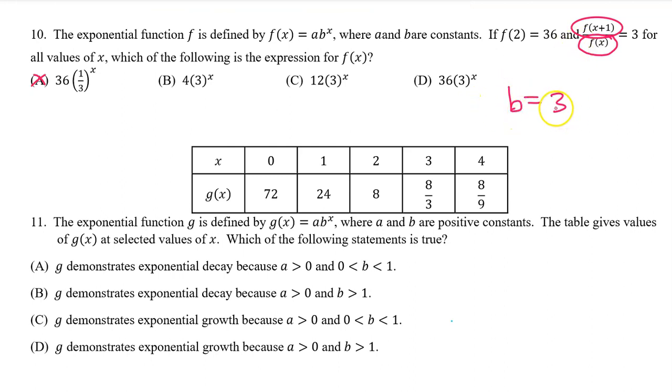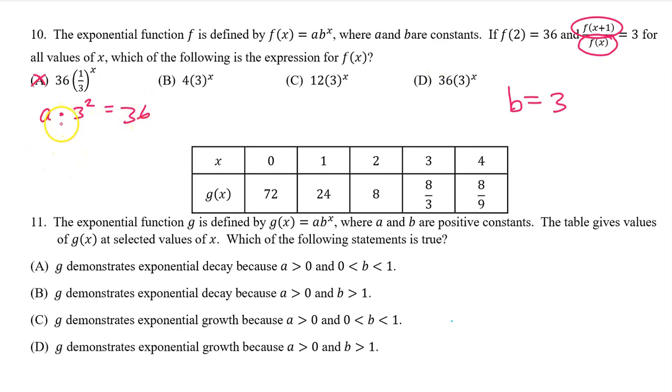So b is 3. They tell us that f at 2 is equal to 36, meaning if we plug in 2 for x, we should get 36 for the answer. So that gives us a times 3 to the x power, so to the second power, should equal 36.